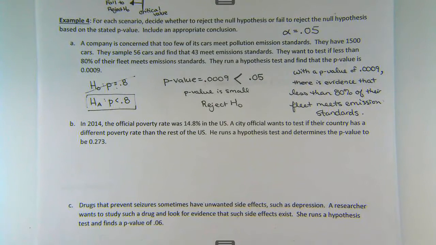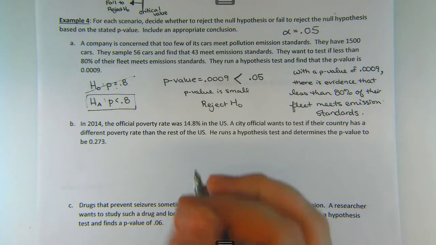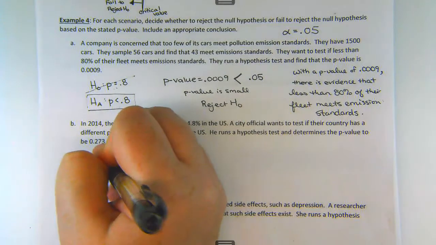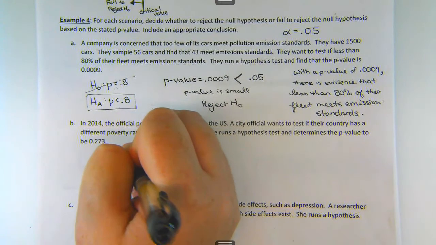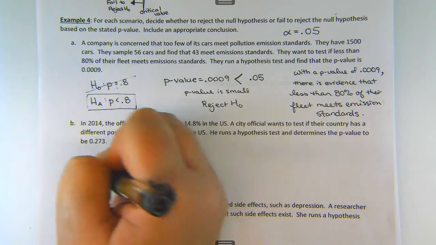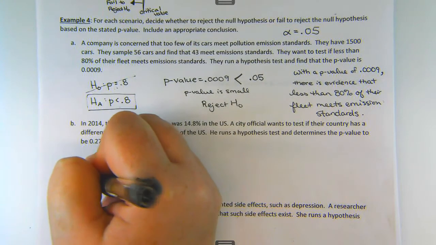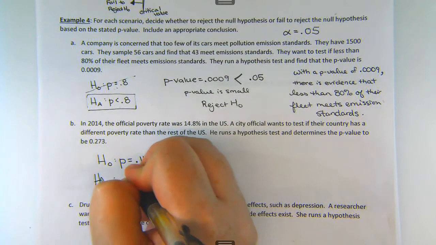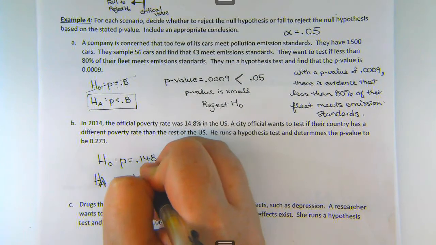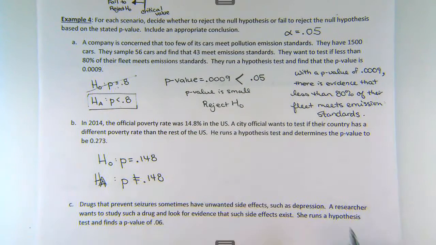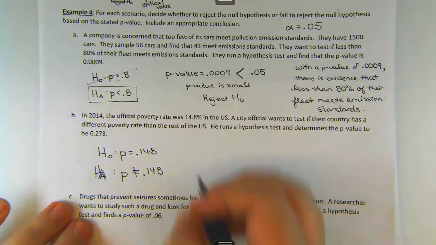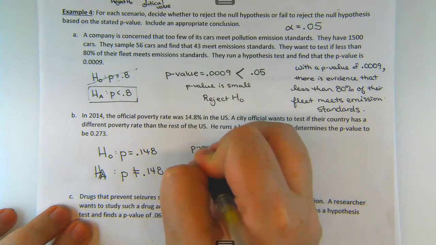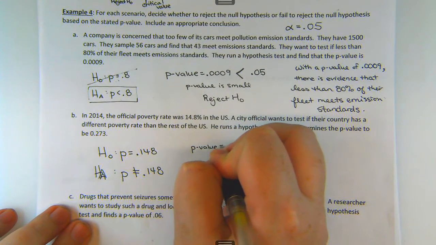In part B, looking at that official poverty rate, remember the null was that the poverty rate is 0.148, and alternatively, we wanted to prove that the proportion is different from 0.148. So they run their hypothesis test, and we get a p-value of 0.273.